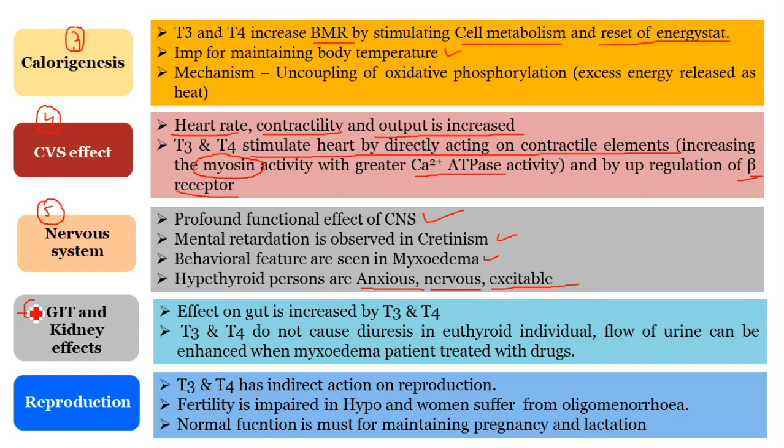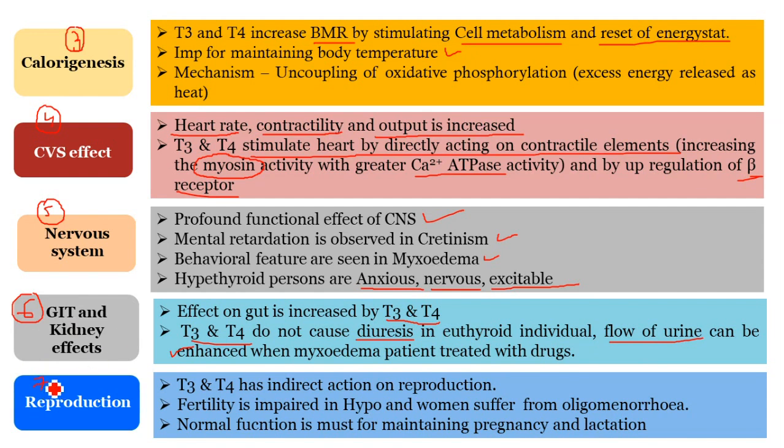While in case of the action related to GIT and kidney, the effect on the gut wall is increased by T3 and T4, and they generally do not cause diuresis in euthyroid individuals, but the flow of urine can be enhanced when a myxedema patient is treated with the drugs. So this is related to the kidney and GIT effects.